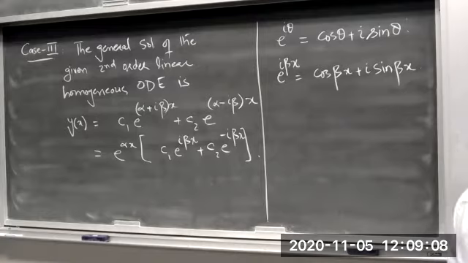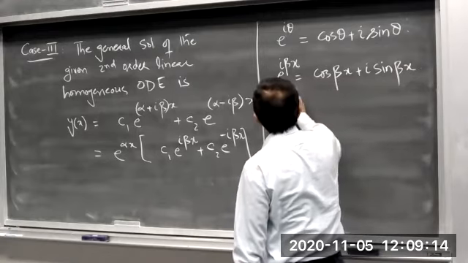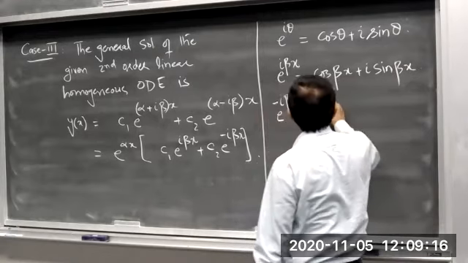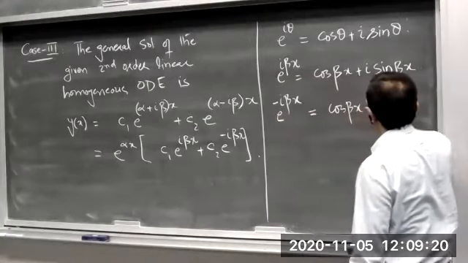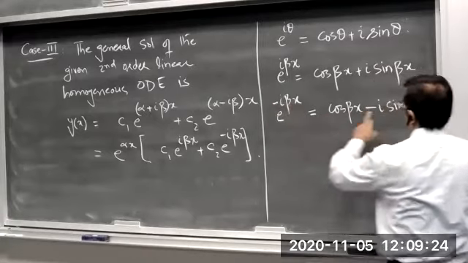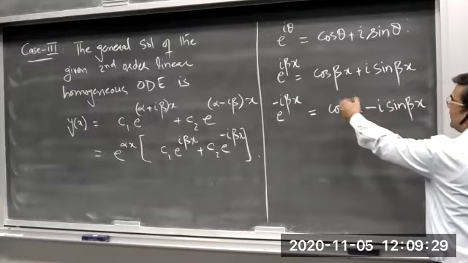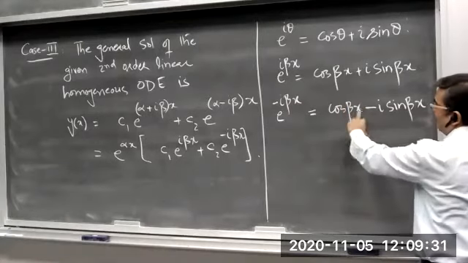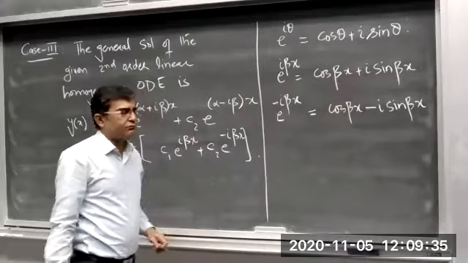Sorry for the mistake, we must have x here as well. Similarly, we can write e raised power negative iota beta x is equal to cosine of beta x minus iota sine beta x. Due to the negative sign, we have a negative sign here, and you know that the cosine function is an even function, so the negative sign disappears there.